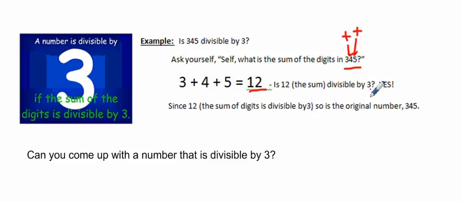Does 3 go into 12 evenly? Is it divisible? The answer is yes. So therefore, if 3 goes into 12 evenly, 3 is going to go into 345 evenly. For the actual quotient, we have to do long division, but we at least know that 345 is divisible by 3.